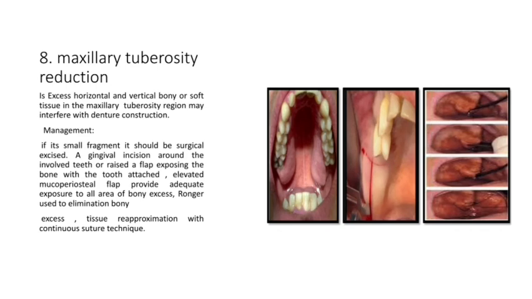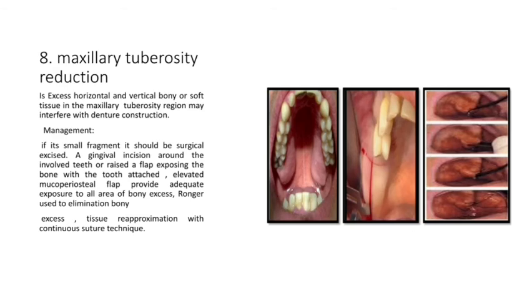A gingival incision around the involved teeth or a raised flap exposes the bone with the tooth attached. An elevated mucoperiosteal flap provides adequate exposure to all areas of bone excess. A bur is used to eliminate bone excess, and tissue reapproximation is done with a continuous suturing technique.